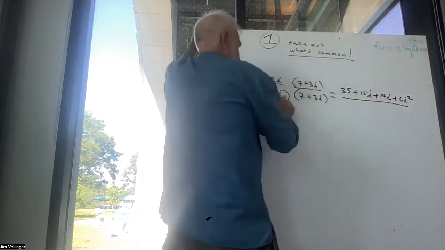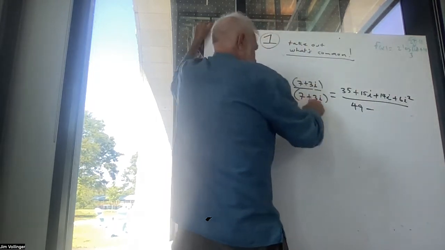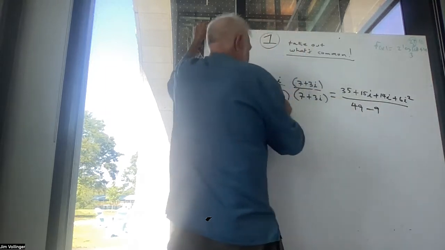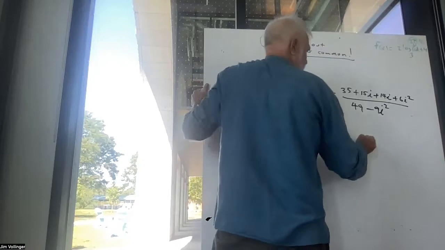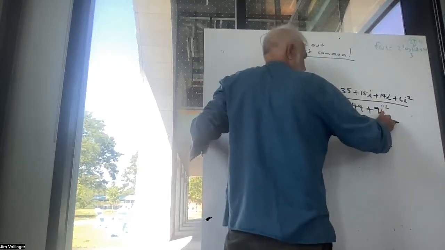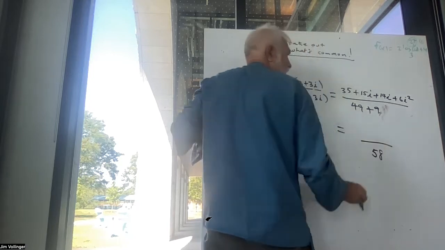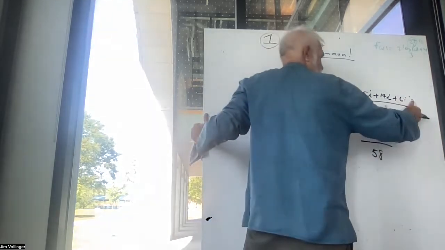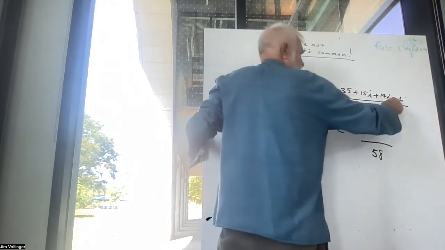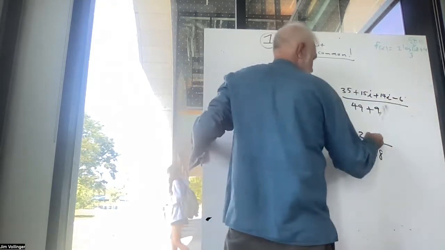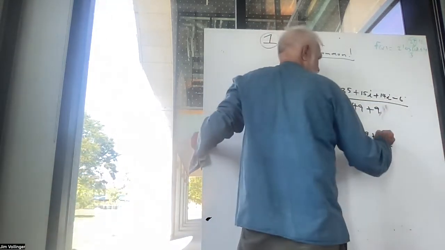Over 7 times 7, 49 minus 3 times 3, 9, i times i squared. What does that become? Well, that's positive 9 in the denominator. So that's 58. Addition of 6 is going to become what? Subtraction of 6. And what's 35 minus 6? 29. What's 15i plus 14i?